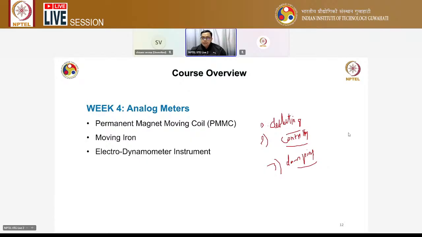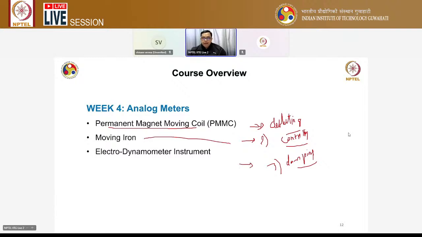Now, depending on what kind of instrument it is, like if it is a permanent magnet moving coil, you will have a different element working as the deflecting system, a different system for controlling and a different one for damping.